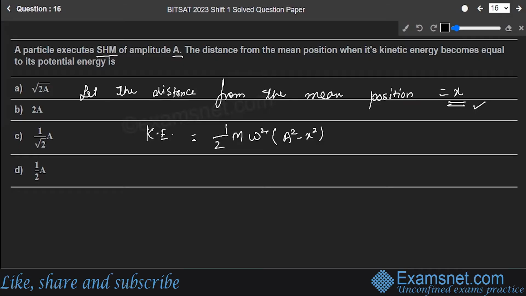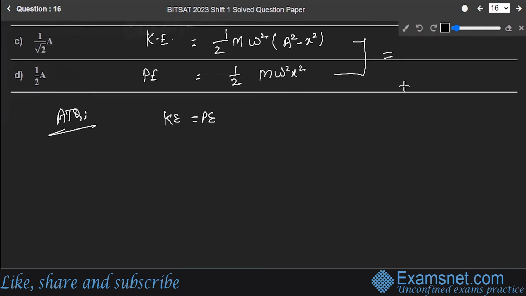So kinetic energy is given by this, and the potential energy is given by half m omega square x square. According to the question, both of these are equal. You have kinetic energy is equal to potential energy. That makes half m omega square (a square minus x square) equal to half m omega square x square.